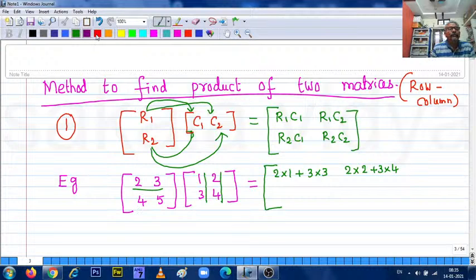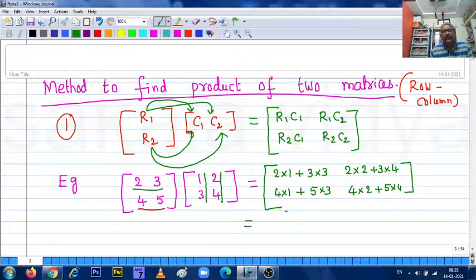Next take R2 into C1: 4 into 1 plus 5 into 3. Next R2 into C2: 4 into 2 plus 5 into 4.